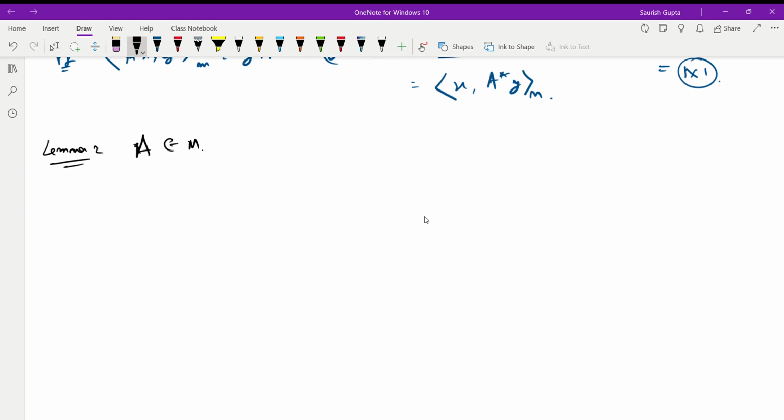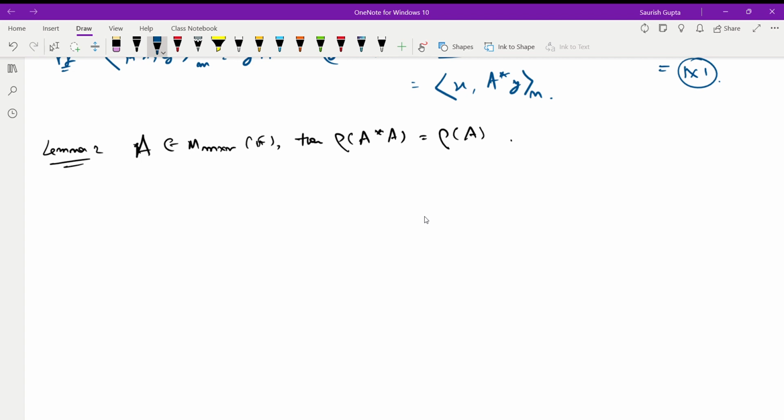Let A be an M cross N matrix over some field R or C. Then the rank of A star A is the same as the rank of A. How do we prove this? It's always better to talk about the null space rather than the range space, about nullity rather than rank.